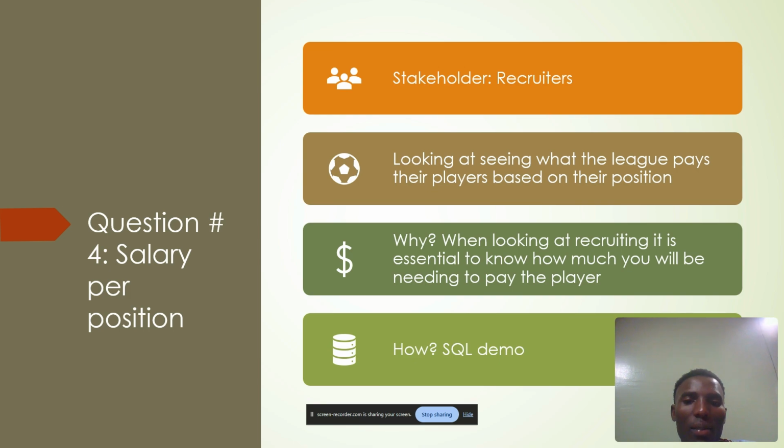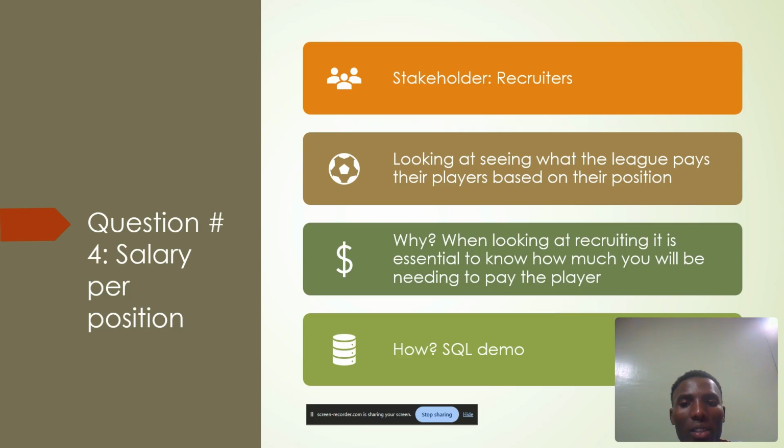Depending on the position, the league might pay differently, since some positions might need greater effort or skills, and thus the league might decide to pay players depending on the position they play.